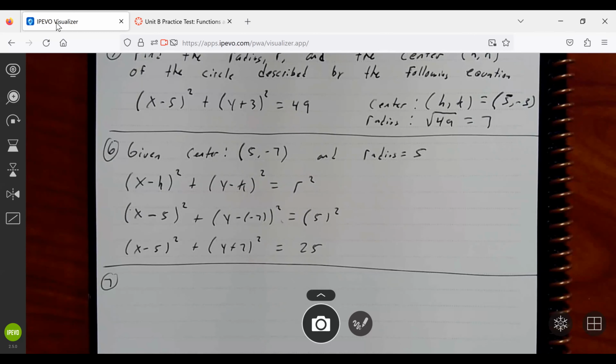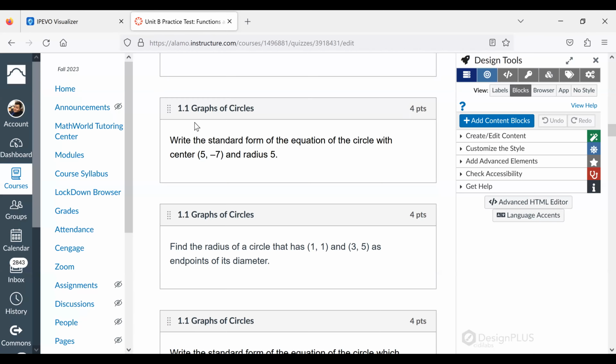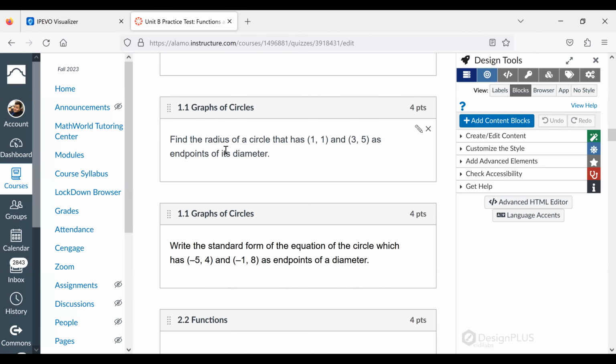All right, let's move on then. Back to the test here. We did see this guy. This one's a little harder. Number 7 and 8, we did those together in an example.